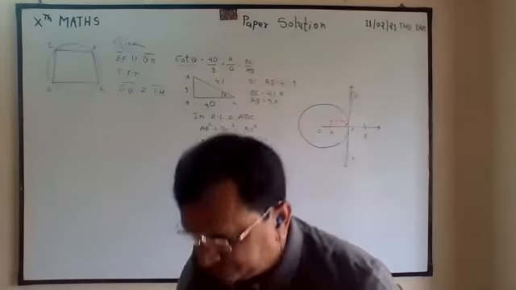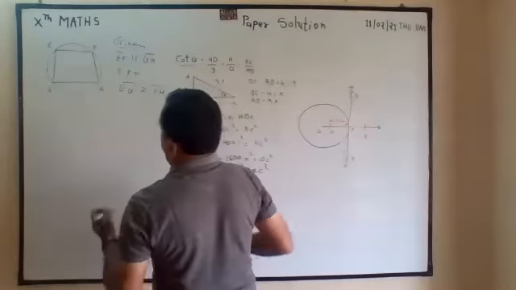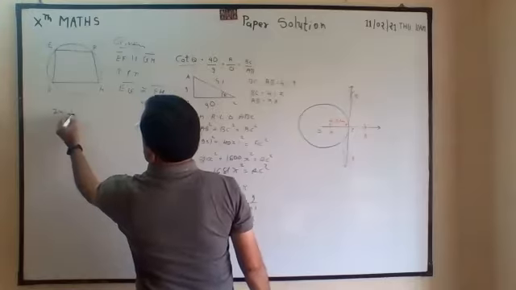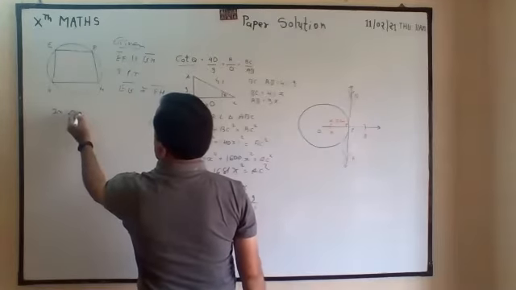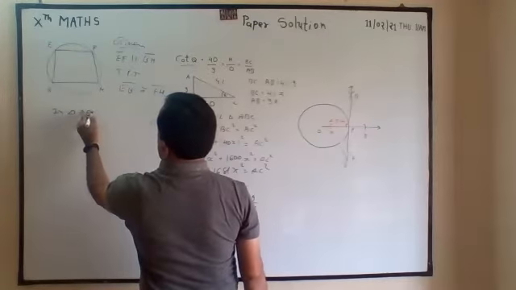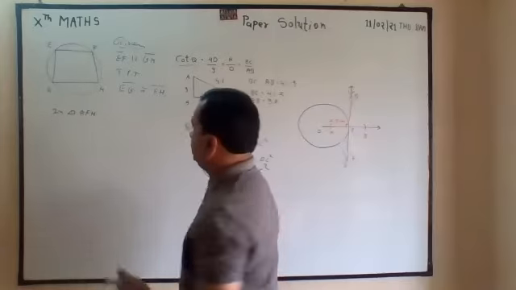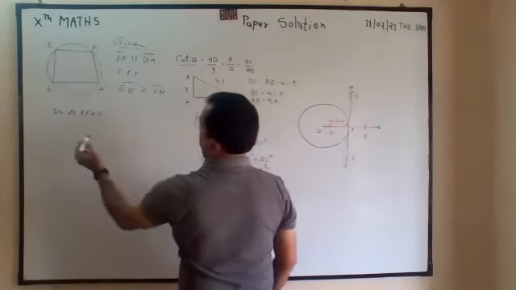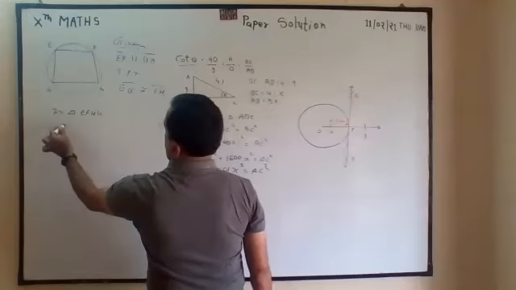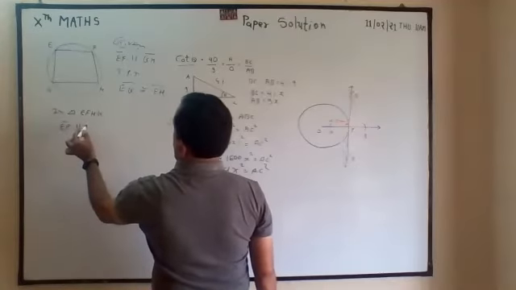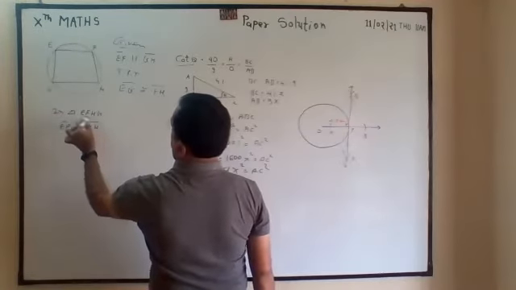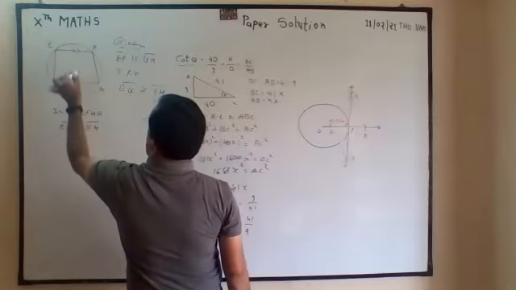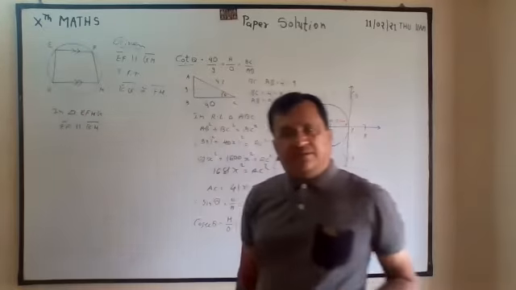Sorry. In quadrilateral EFHG, EF parallel GH. It is given.